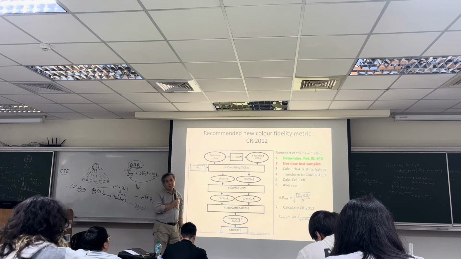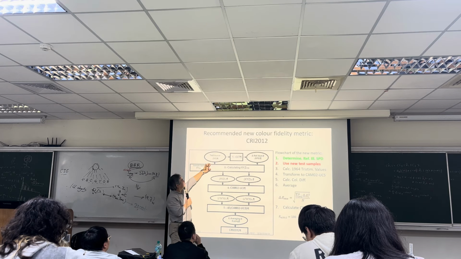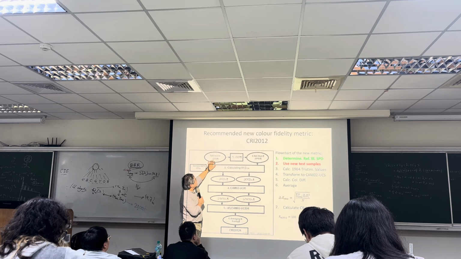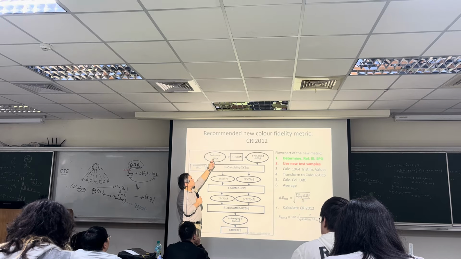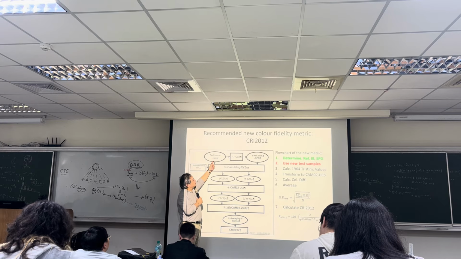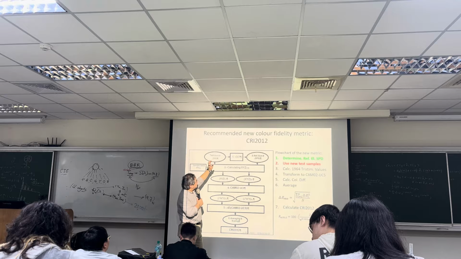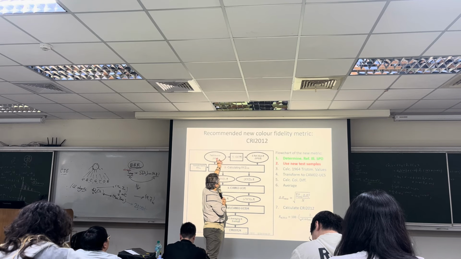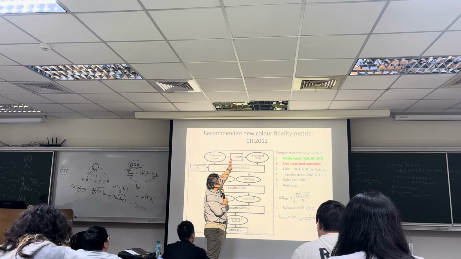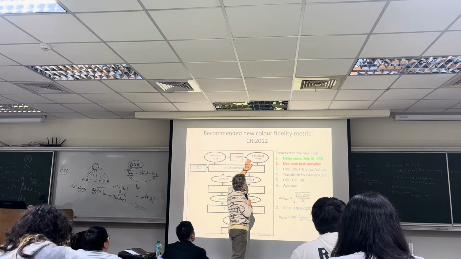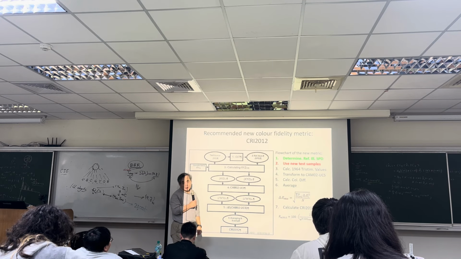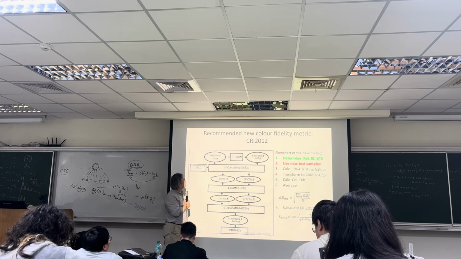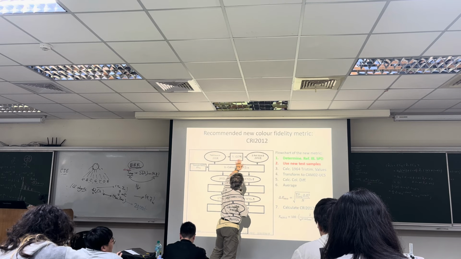Based on the power spectrum, we calculate the corresponding color coordinate, then the CCT, and we choose the corresponding reference light source with the same CCT. So we have two spectra.